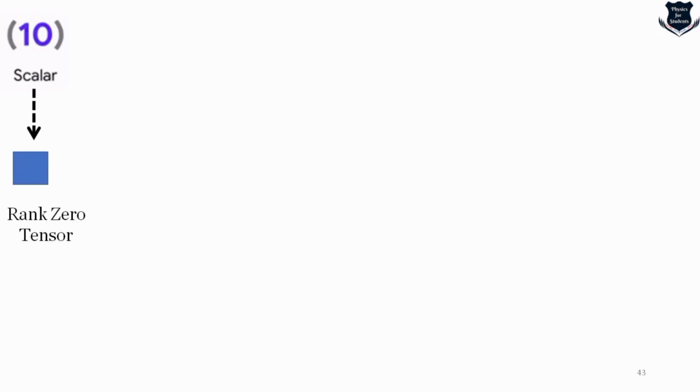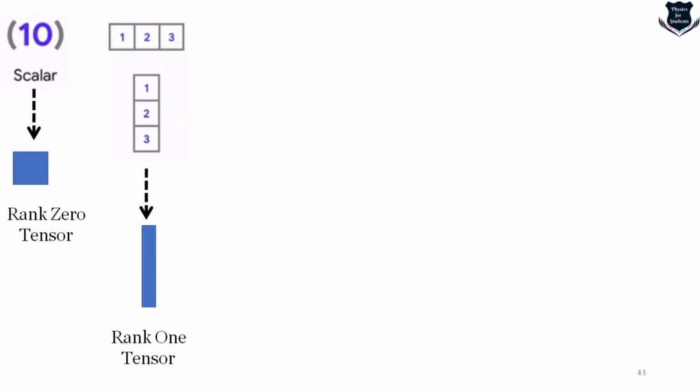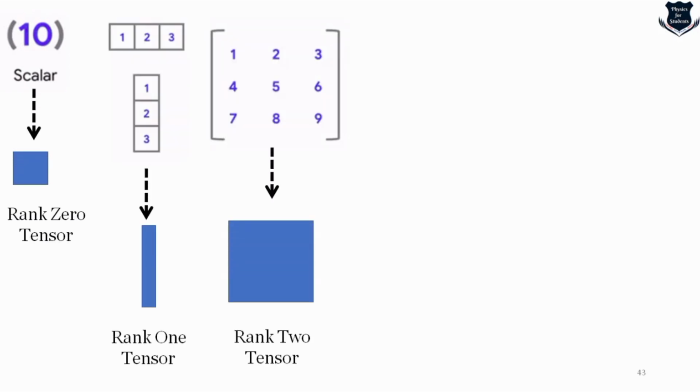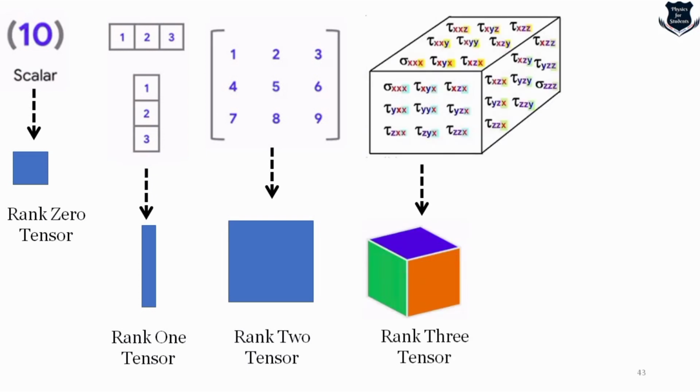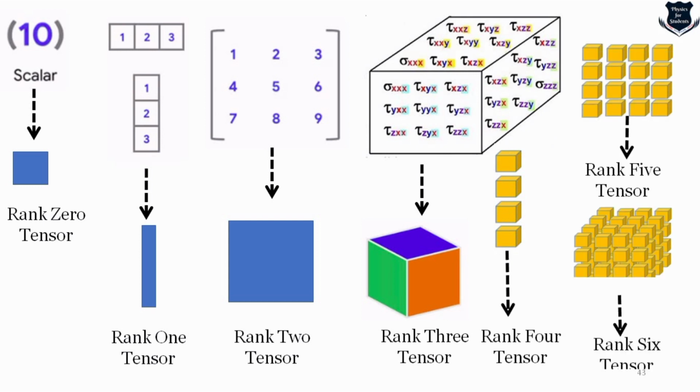If it's a scalar, it is called rank 0. If it is this, it is called rank 1. If it's a matrix, it is called rank 2. If it is this kind of cube, it is called rank 3. Then we get rank 4, and it is difficult to visualize rank 5 and rank 6. So intuitively, a tensor is a physical quantity which may be characterized by magnitude and multiple directions and dimensions simultaneously.